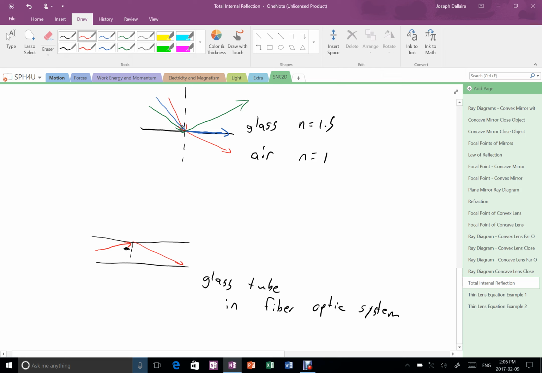What that means then is that the laser light can never get out and as a result, the glass tube can reflect the laser light back and forth within itself and allow a laser at one end to meet a detector at another end without any of the laser light getting out or bouncing out of the material. This means that we can pass laser light over long distances to transmit information, and as long as we always keep over the angle of total internal reflection, all of the light will reflect back into the glass tube constantly and make its way all the way from the source to the detector.